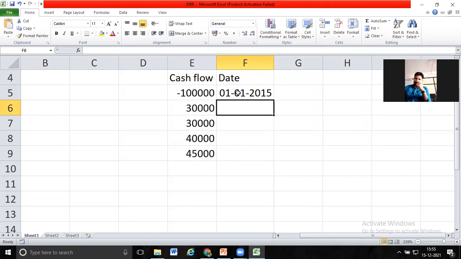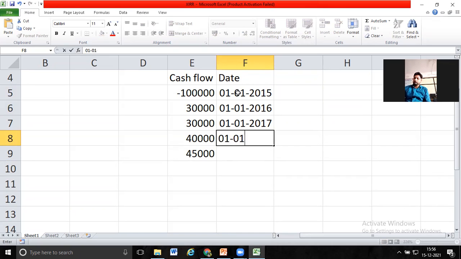Then for the next year, that will be considered as 01/01/2016. Third will be 01/01/2017, then fourth 01/01/2018, then next 01/01/2019.